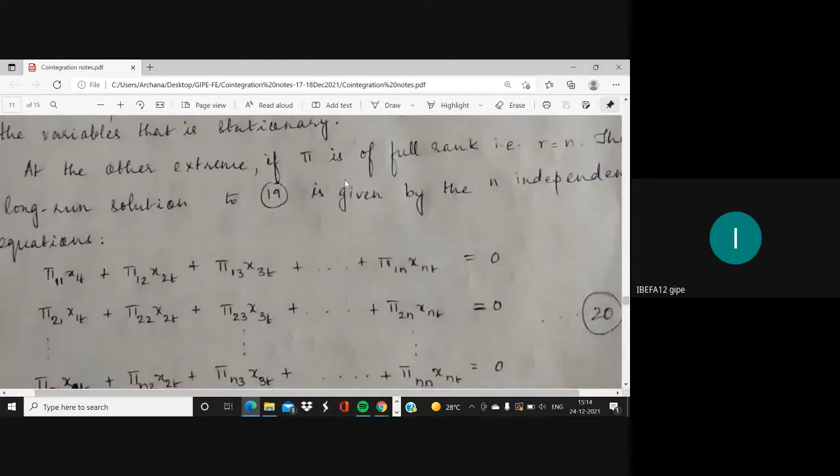Now at the other extreme, if pi is of full rank and the rank of pi is equal to n, then the long run solution to equation 19 is given by the n independent equations. Since pi is of full rank, all the n rows or columns of the pi matrix are linearly independent.